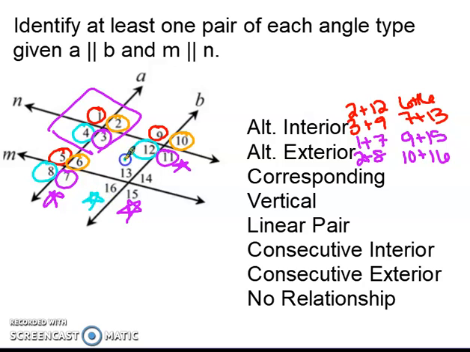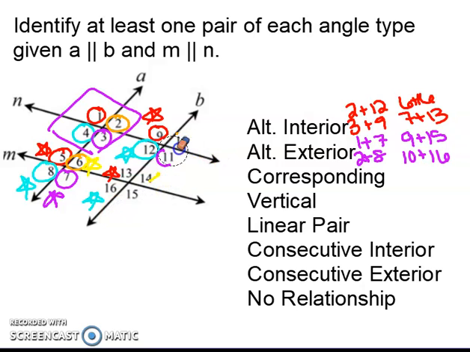If I look at 16, it is corresponding to 12 and corresponding to 8, but it's still not corresponding to 4. 14 corresponds to yellow, which is 10, and it corresponds to 6. And 13 corresponds to 9 and 5. But again, if you notice, none of those stars are located in the opposite corner. They cannot correspond across that.